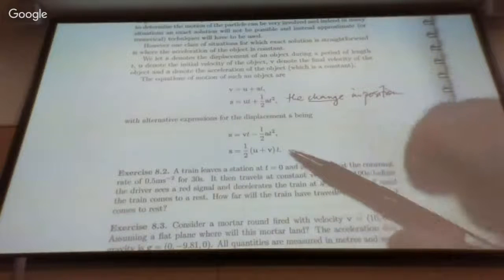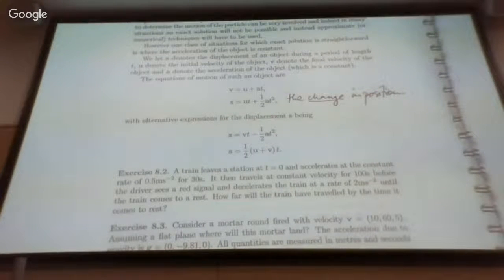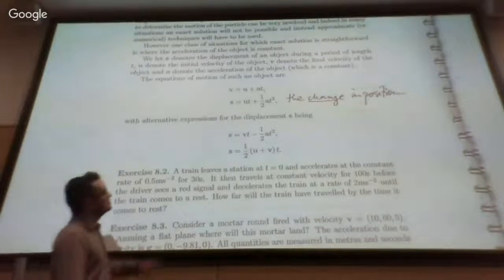Or yet a third expression for it would be a half of u plus v times t. So here we use the first equation.